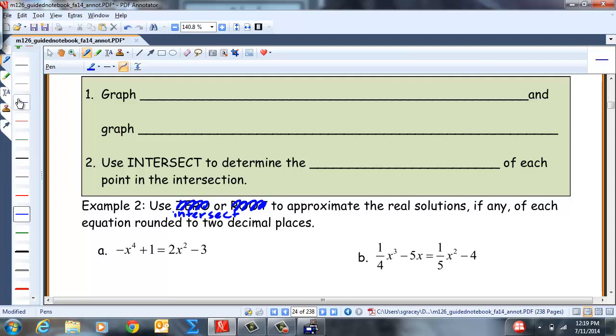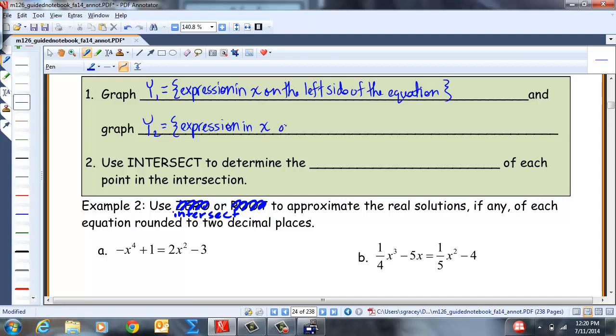Okay, so here we go. You're going to graph y1 equals the expression in x on the left side of the equation, and y2 equals the expression in x on the right side of the equation.